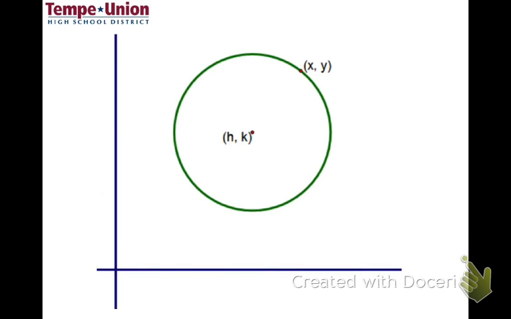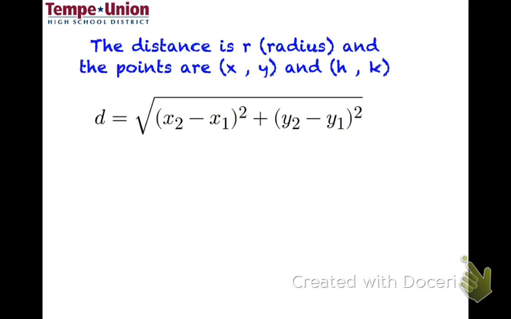So we go back to our circle here, and let's say that we have this radius. Just remember that picture. The distance we already know is the radius, and then we're going to set it up. I'll go to the next slide for the work. So we have a distance r, the radius, and then we have the two points.